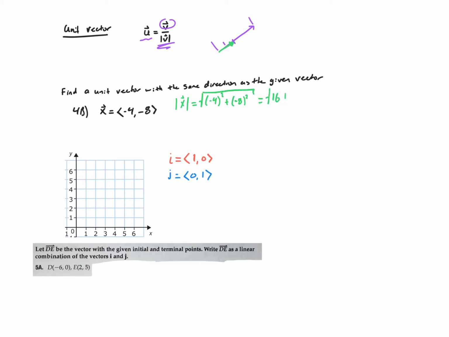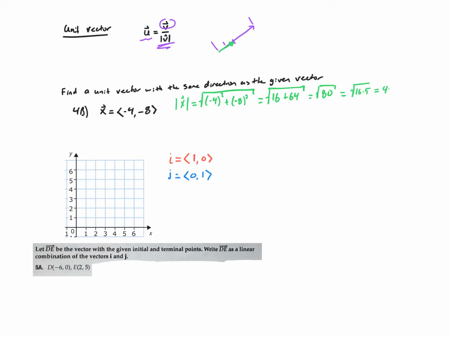It's going to be the square root of 16 plus 64, which is the square root of 80, which is 16 times 5. The square root of 16 is 4, so it's going to be 4 root 5.